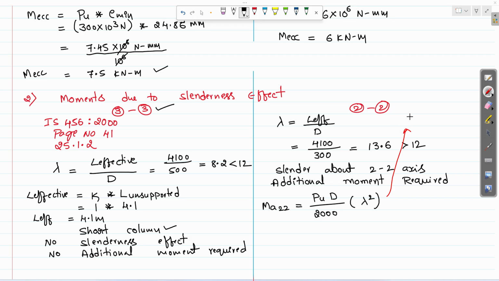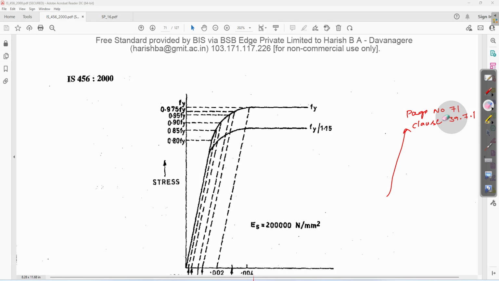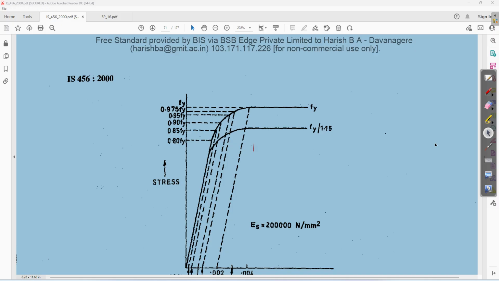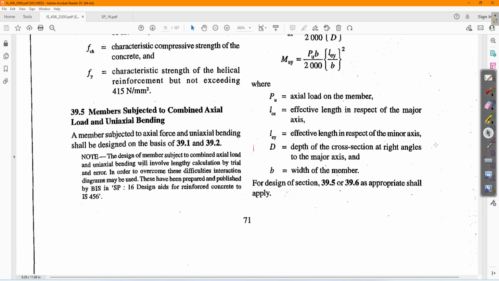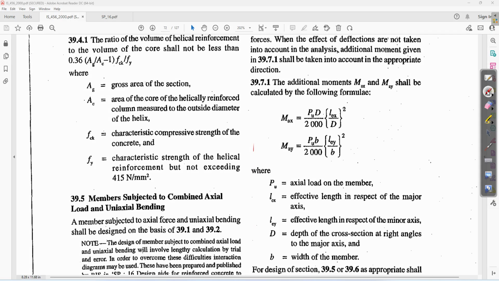it is in page number 71, clause 39.7.1. So page number 71, see here.